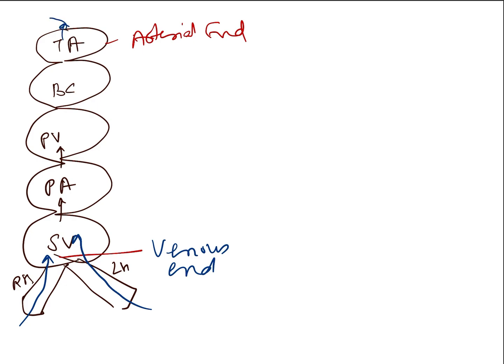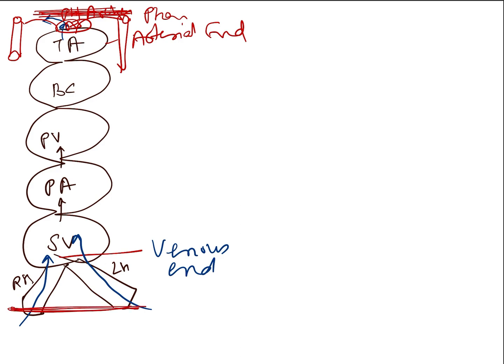From the truncus arteriosus, blood goes towards the two dorsal aortae via the pharyngeal arches and aortic sac. If you see very carefully, the uppermost part of the tube is fixed through the pharyngeal arches, and during head folding, the septum transversum goes into the chest cavity and forms the diaphragm and fibrous pericardium.